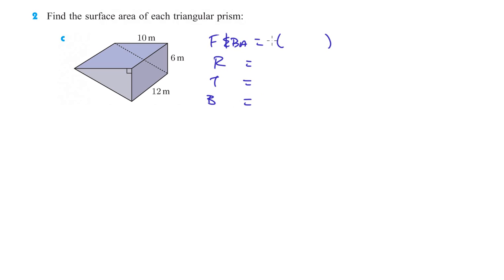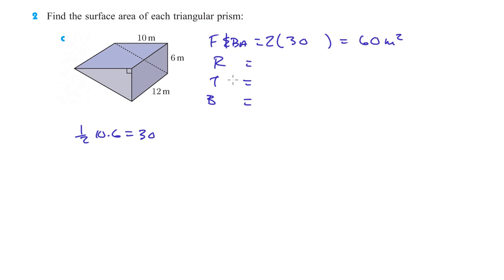So we really have to figure out each piece individually. The front and the back are going to be the same, so we can just double those instead of recalculating. The front and back is a triangle, so it's 1/2 of 10 times 6, and half of 60 is 30. So 2 times 30 gives us 60 square meters here.